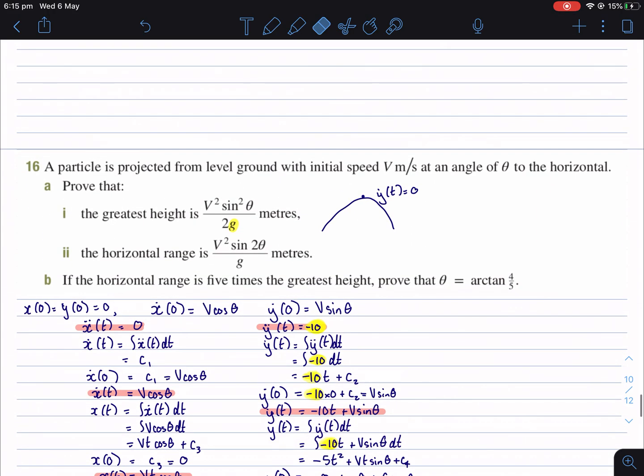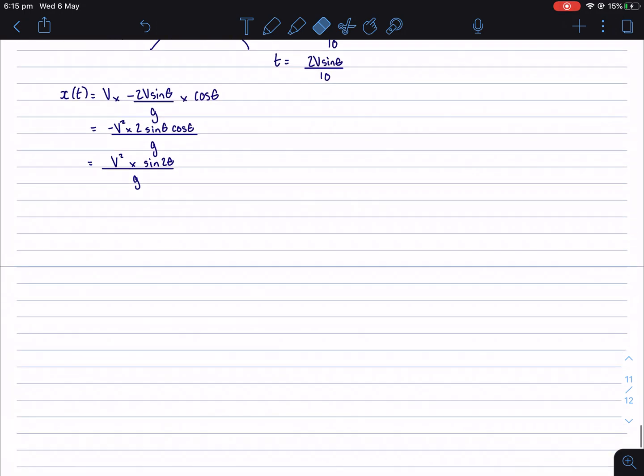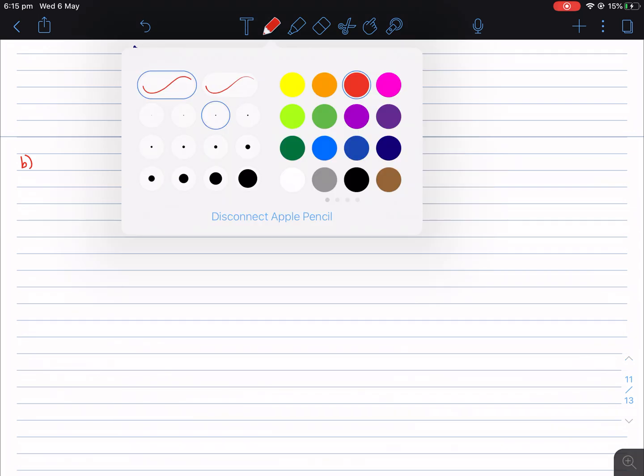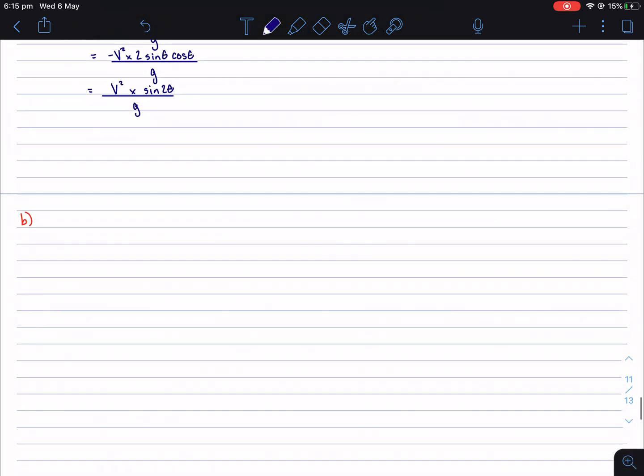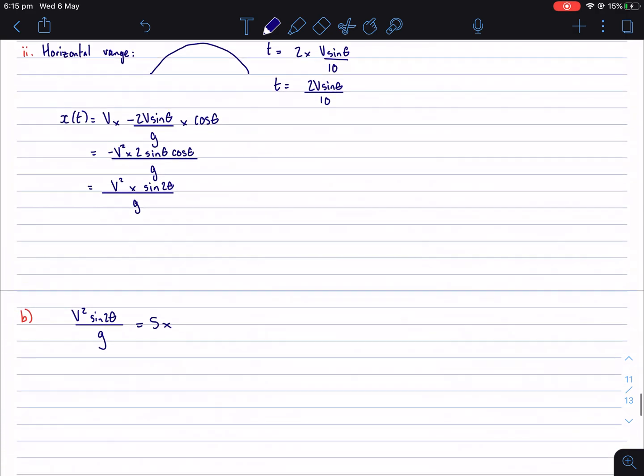And the next question, if the horizontal range is 5 times the greatest height, prove that theta equals that. So we're saying v squared sin 2 theta over g equals 5 times the greatest height, which was v squared sin squared theta on 2g.